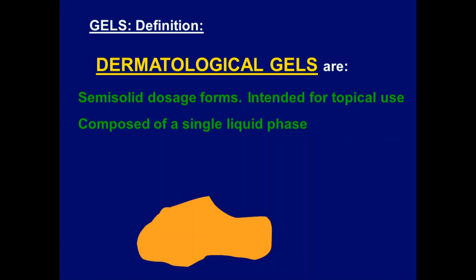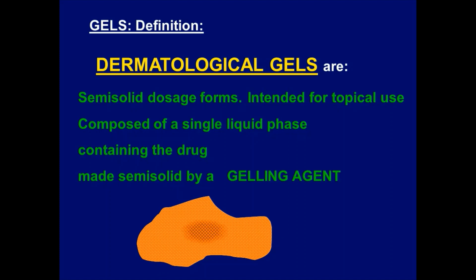Gels are composed of a single liquid phase containing the drug. Liquid containing the drug, is it a solution? No, it's not just a solution. This solution of the drug is made semi-solid by the addition of a gelling agent.